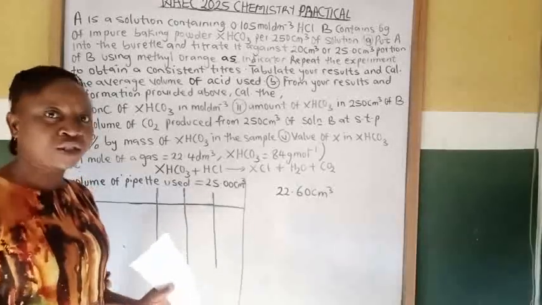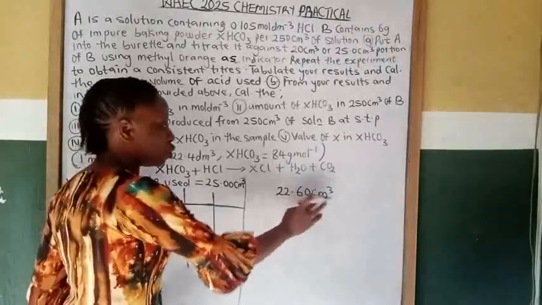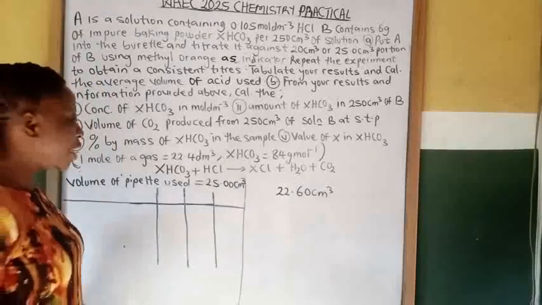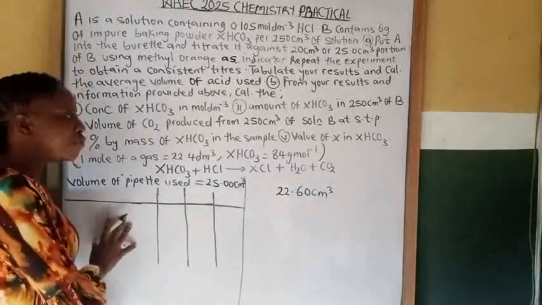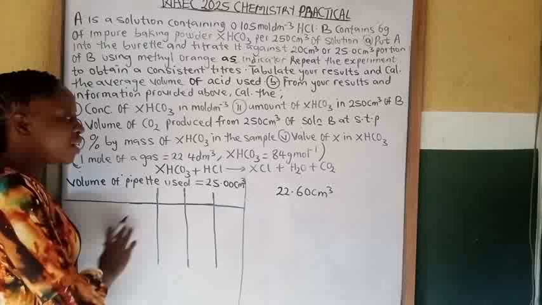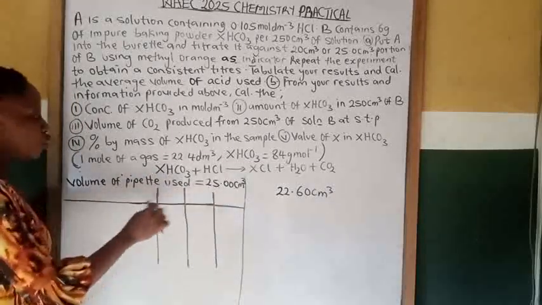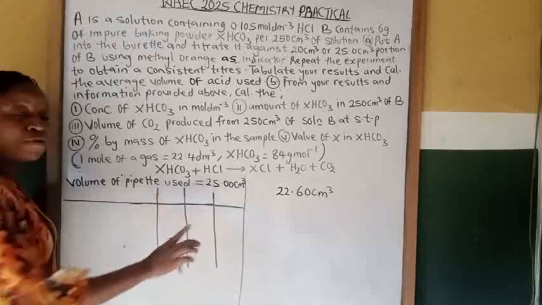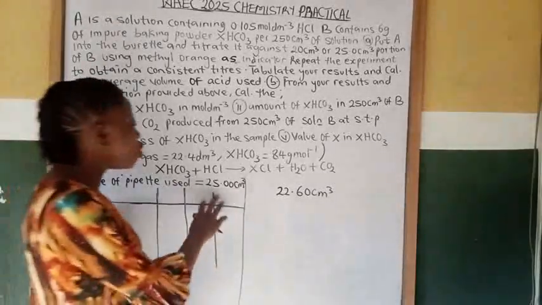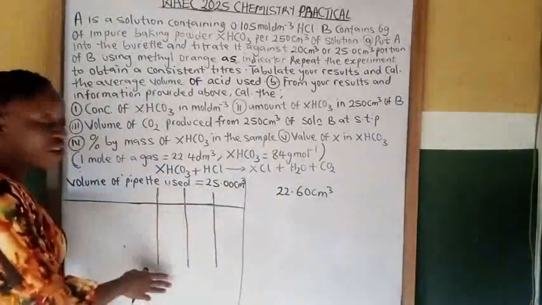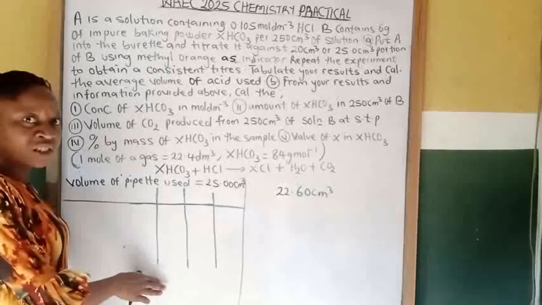Don't forget that this table is for the volume of acid used. The volume of base is the same thing as the volume of your pipette used. Now the volume of acid used will be the one recorded in this table.